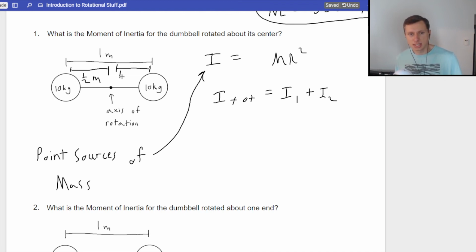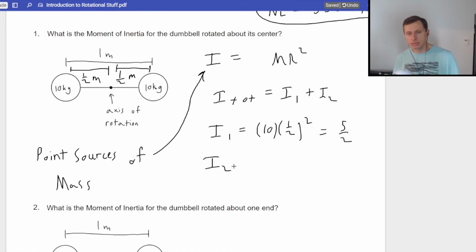This distance is 1/2 or 0.5 meters, which means my individual moment of inertia, like I1, is going to be m, mass is 10, radius, which is the distance to the axis of rotation, so 1/2, squared, which is like 1/4, we're going to get 5/2 as our moment of inertia I1.